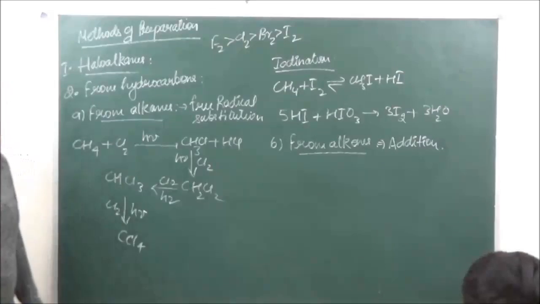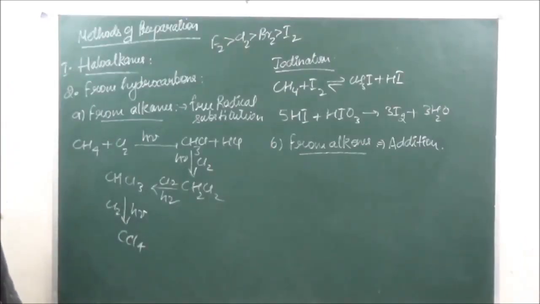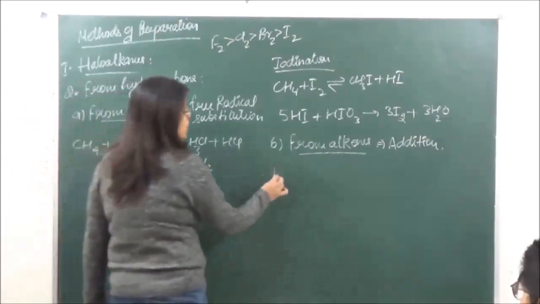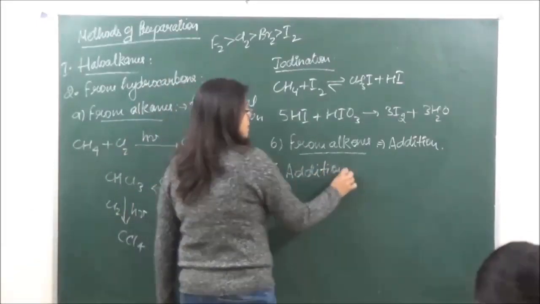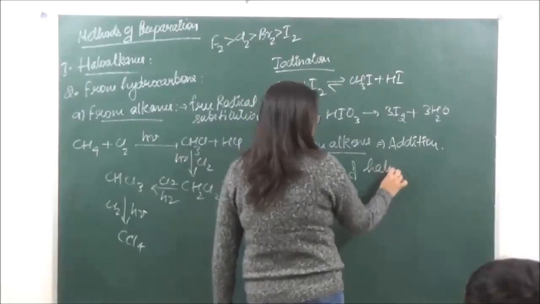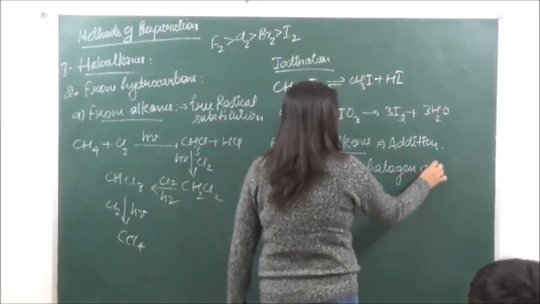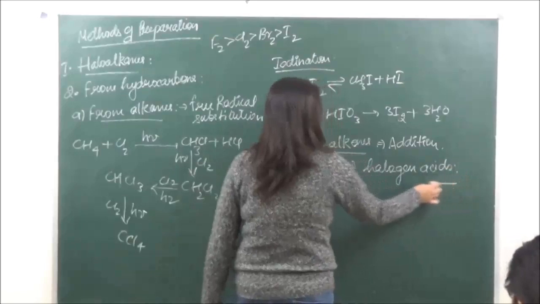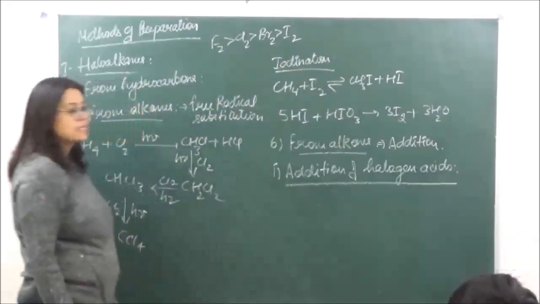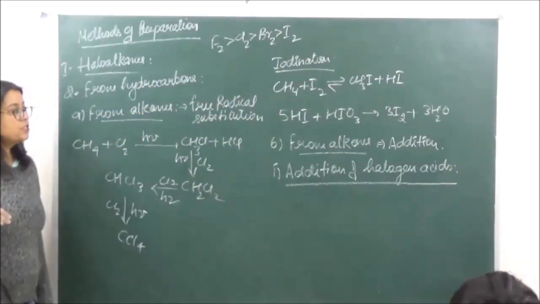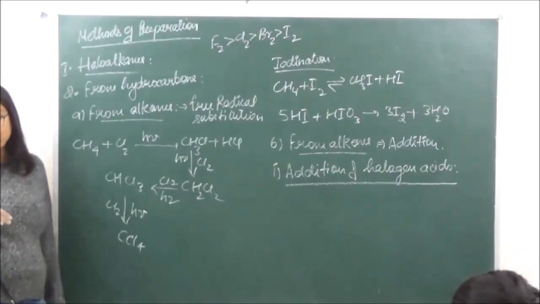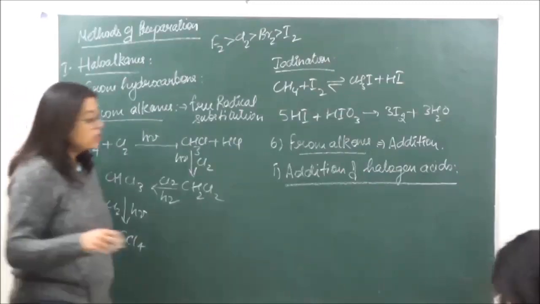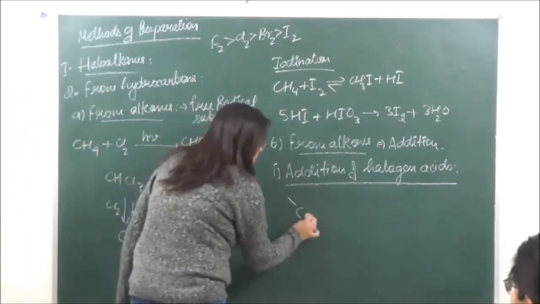Okay, so in addition reaction, first we will add halogen acids, right? So when we are adding halogen acids over here, what is going to be the mechanism?